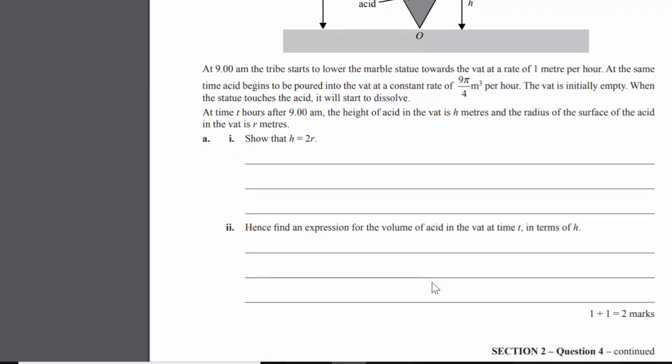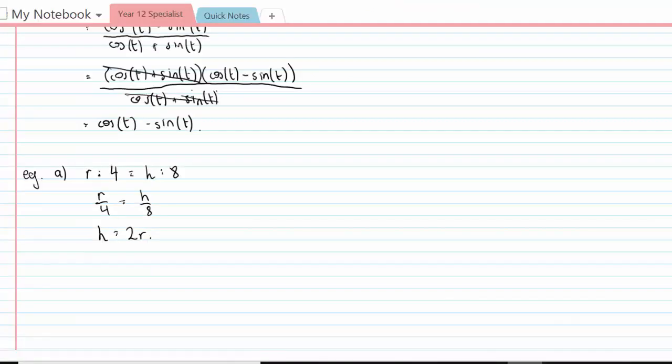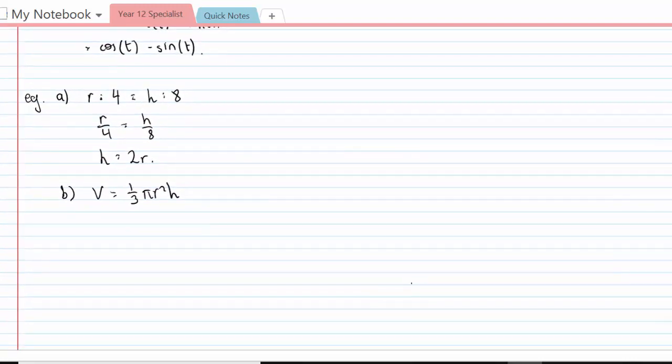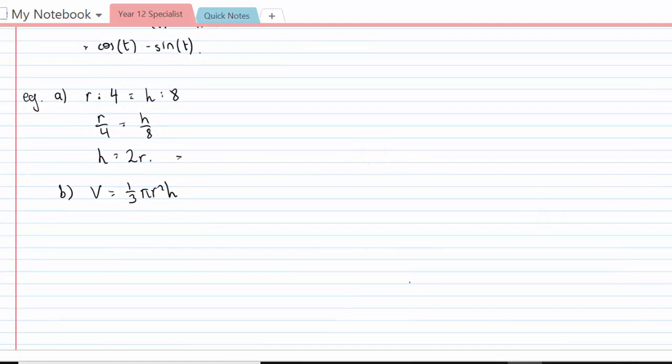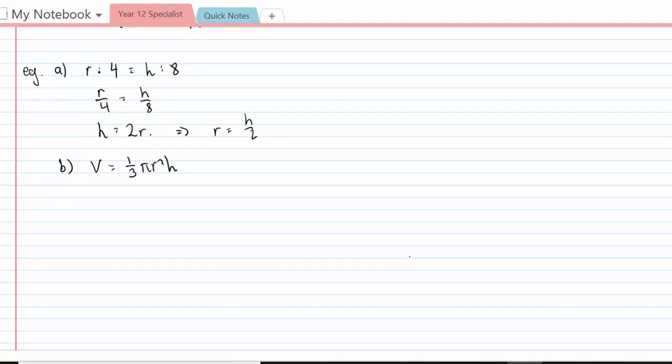Hence, find an expression for the volume of acid in the vat at time t in terms of H. Okay, part B. The volume of a cone is 1/3 pi r squared h. But we want it to be in terms of h. So I'm going to turn this around to make it so it says r equals h on 2.